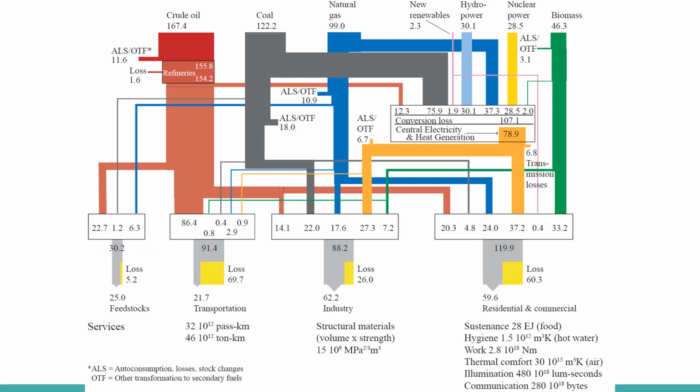Now, all these conversions are not equal. Some of them are widely used, some of them are not so widely used, and all of them have some losses in there. And if we look into that, we see the basic sources again. We have the crude oil, and the crude oil is going most of the time into transportation. A small part is going into feedstock.